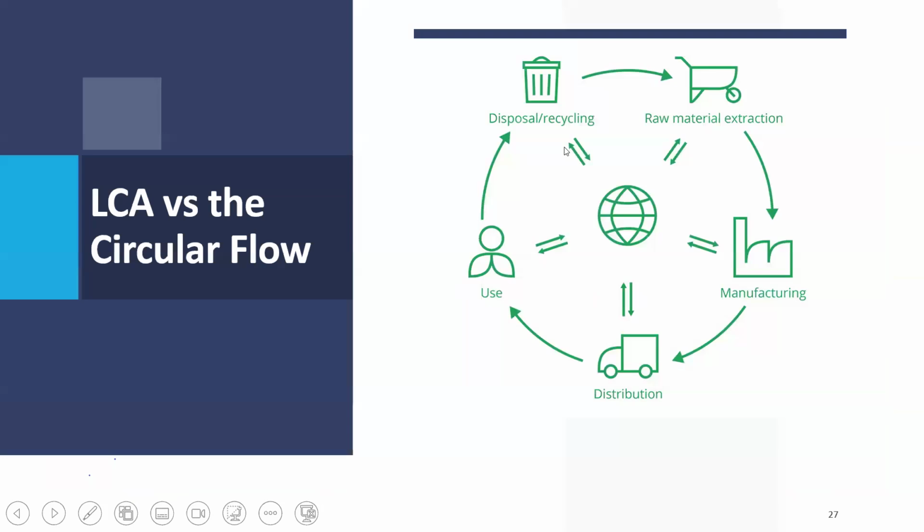Okay, so let's conclude this quickly. On the life cycle assessment by the circular flow, we know about the circular flow. The idea is that you start from the top right, from the raw material extraction down to manufacturing, distribution, the use and disposal. We must do it in such a way that there's no waste along the value chain, or we minimize waste to the barest minimum, or the waste that we generate can go back into the system to feed into the system.